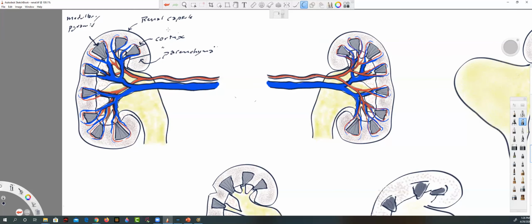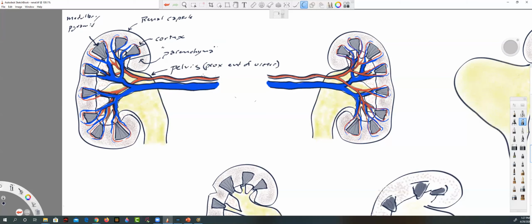All right. So we got the capsule, the pyramid, the cortex, the parenchyma. Let's talk about this guy here. We're going to call that the renal pelvis. Now that pelvis is the proximal end of the ureter.